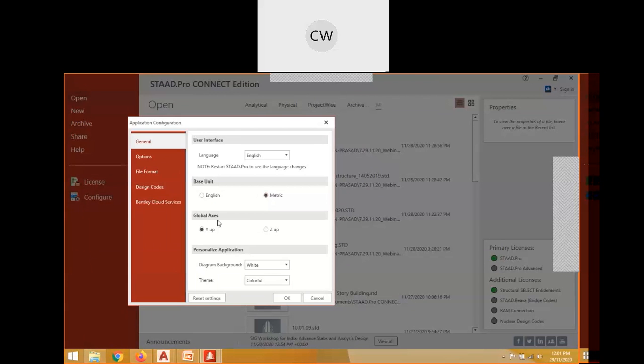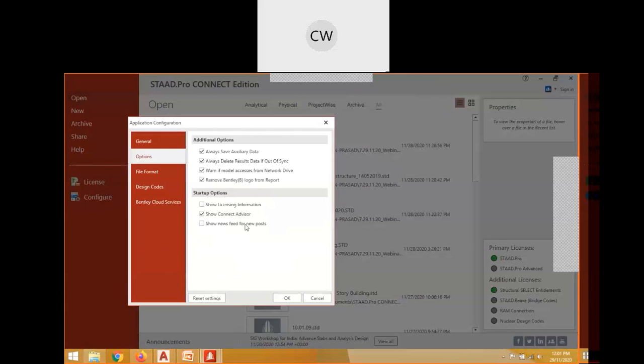Then the global axis option is given here, so you can put Y up or Z up according to your convenience. In some models the Y axis is the vertical axis by default, and in some models the Z axis is up, meaning vertical, but you can change these global axes. That option is given in this new STAAD CONNECT edition.